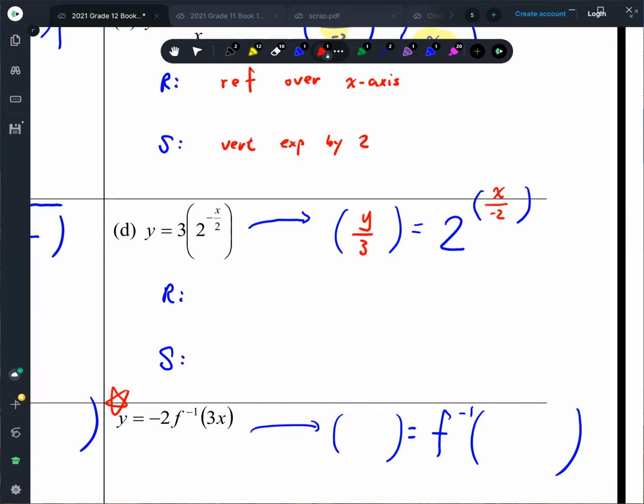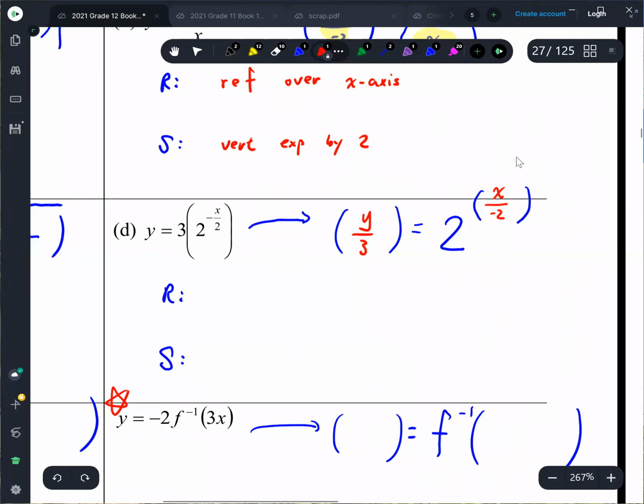Does anyone have questions about how we get here? Okay, this is correct. That's the form. Once you get the form, R and S will be easy. Please raise your hand if you finished writing the R and S.